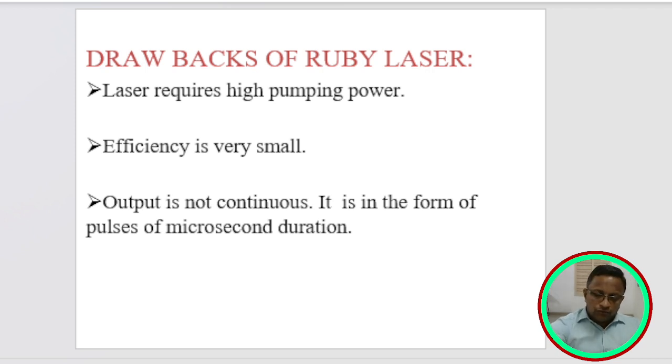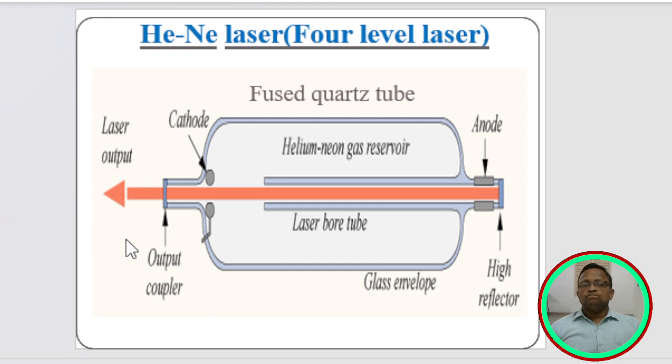In order to overcome this difficulty, we have a gas laser, that is the helium neon laser. It is an example of a 4-level laser system.